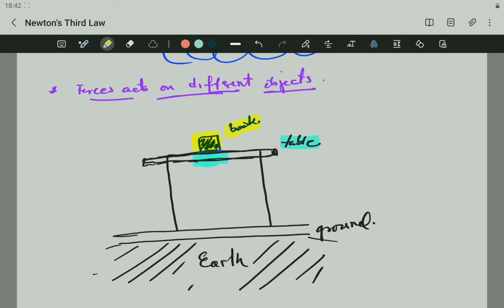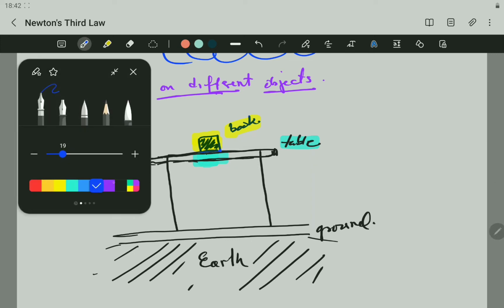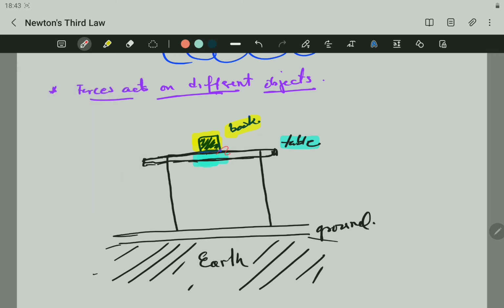If we represent the forces acting here, the table is pushing upward on the block. That force is what we call the normal force, or the force from table on block.